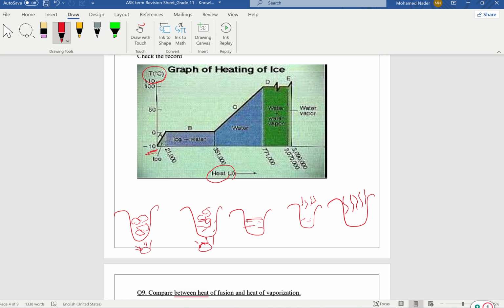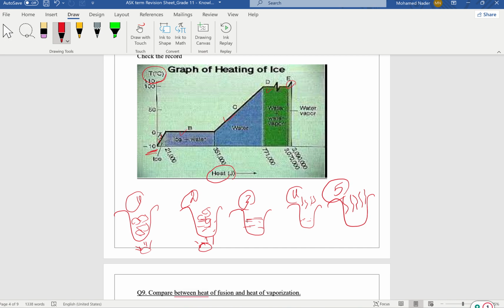So how many different states do we have? We have 1, 2, 3, 4, 5. That's why whenever we draw a graph to make a relation between temperature and heat, we have to draw 5 lines. 1, 2, 3, 4, and 5. Each one of these lines represents a state of matter for water.